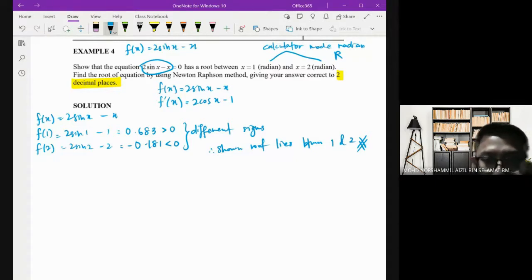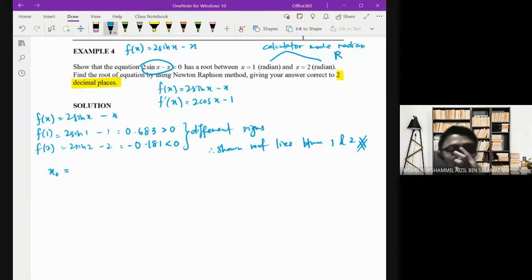Alright. So let's proceed with, okay guys, given to you x equals to 1 and x equals to 2. So how do we choose x naught? X naught nak pilih apa? Fikir Ustaz. Okay.